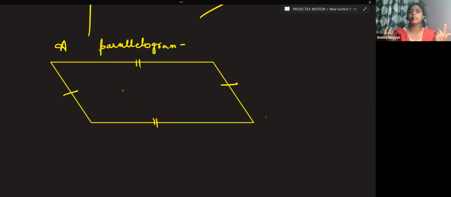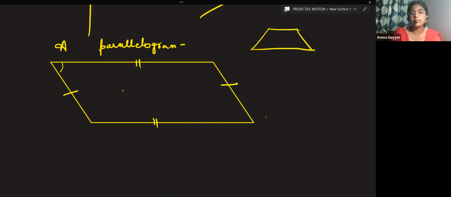Because in case of a trapezium also two sides are parallel, the upper and the lower sides. So in a parallelogram, two opposite sides are equal and parallel. Do not get confused with a trapezium. Trapezium is this shape. These are non-parallel sides. These are parallel sides.